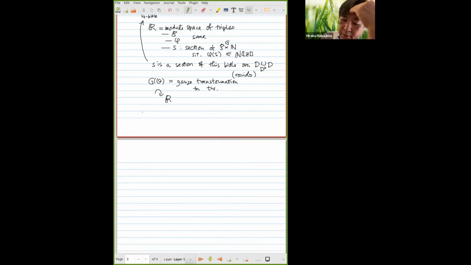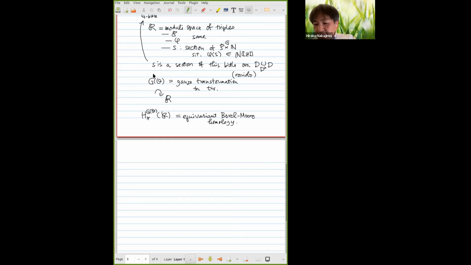Then we consider the so-called equivariant Borel-Moore homology of the space R. R is an infinite dimensional space and G of O is an infinite dimensional group, so you must be a little careful how they are defined, but you can approximate those varieties and groups by finite dimensional objects.